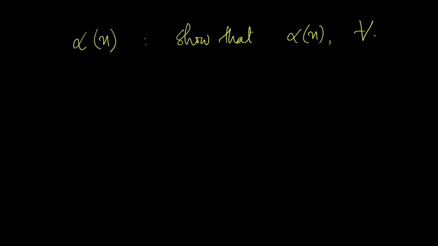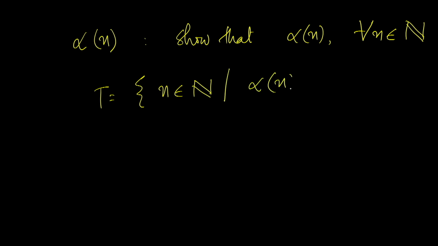Suppose we have a one variable predicate alpha of n. Suppose we want to show that alpha of n is true for every n belonging to the set of natural numbers. We can define T as the set of all natural numbers so that alpha n holds.